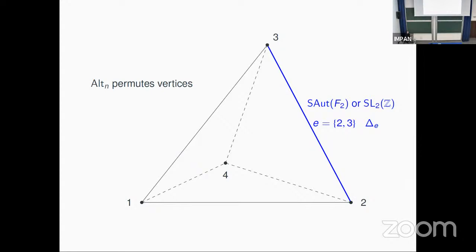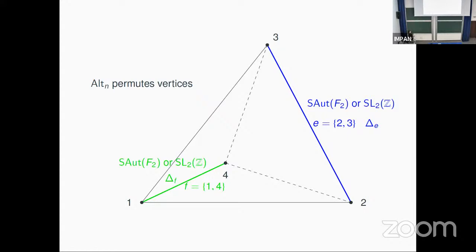I have the same for every edge. And I have the Laplacian for the whole group, but also the Laplacian for the subgroup, so to each edge I have a small Laplacian associated.